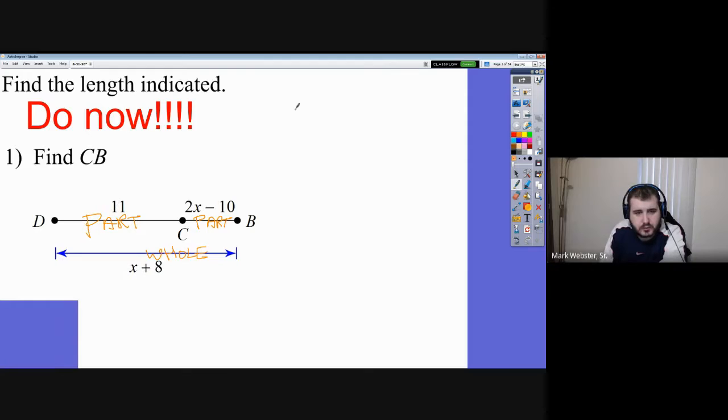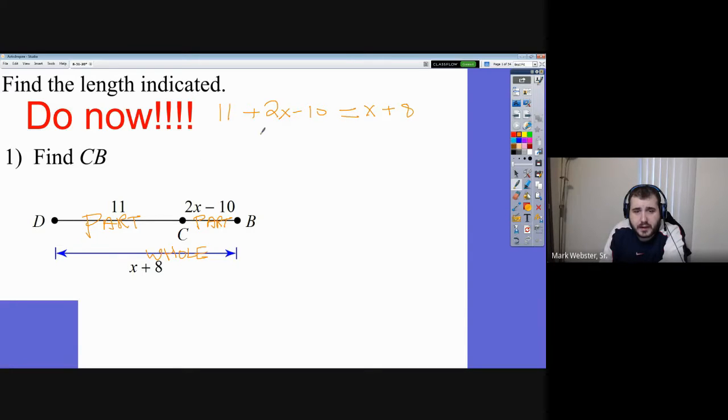So, the first part's 11. The second part is 2x plus 10. And the whole thing is x plus 8. Oop, that's a minus 10. See, got to be careful.